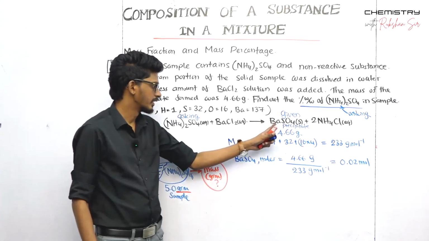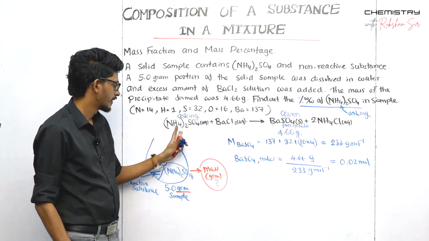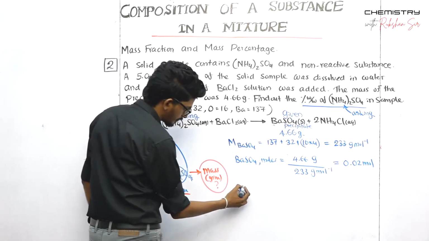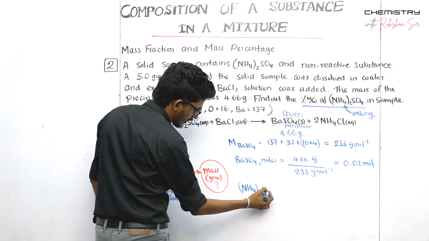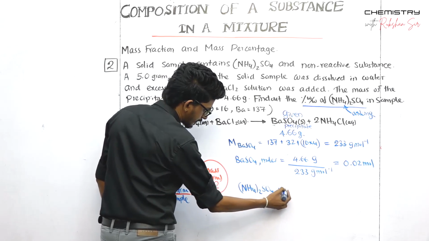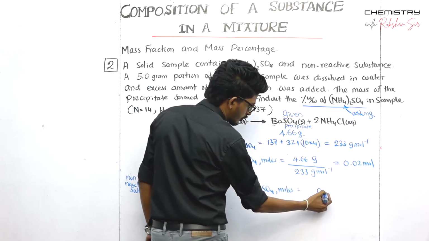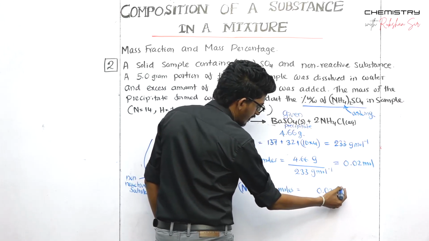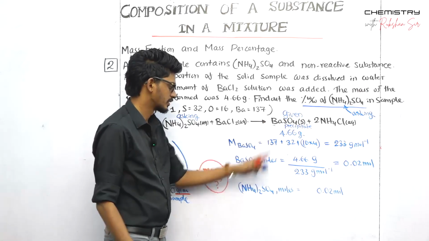So now we can convert the barium sulfate moles to moles of ammonium sulfate. So 0.02 appears with the barium sulfate, that is for one portion.